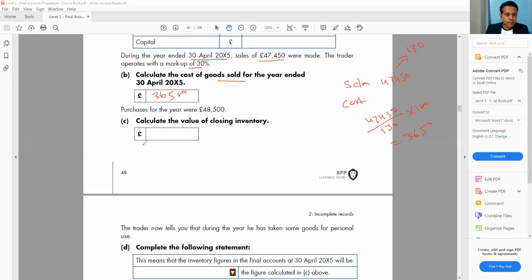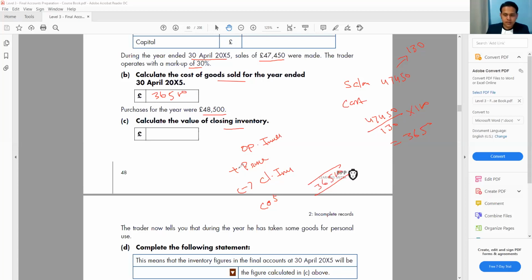The next one, they said purchases for the year 48,500. Calculate the value of closing inventory. Now I have to go back to my previous formula, that is opening inventory plus purchases less closing inventory. That will give me the cost of sales. So cost of sales I already know, that is 36,500.